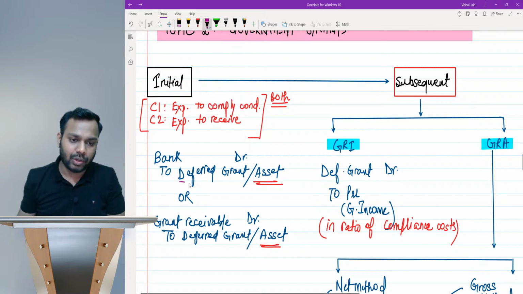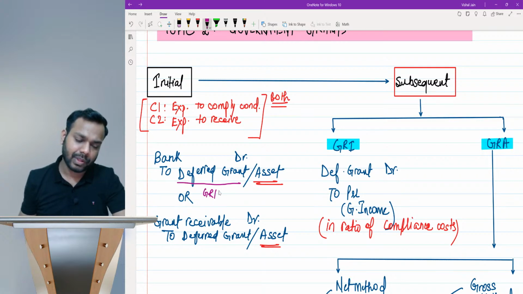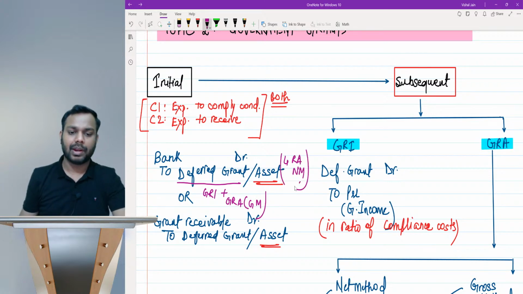So I'll write here, we will use this one in the case of grant related to income plus grant related to assets gross method, and this one for grant related to assets net method, right?